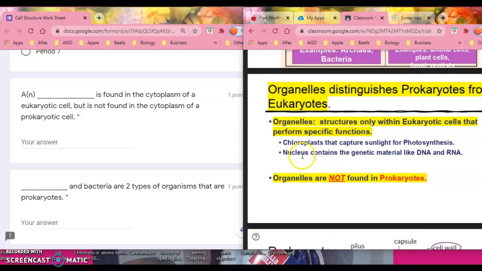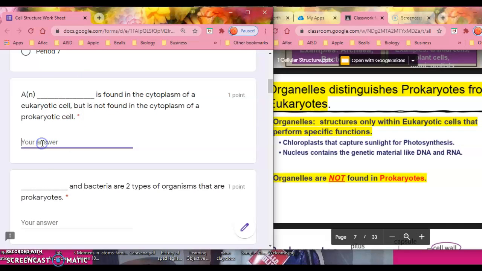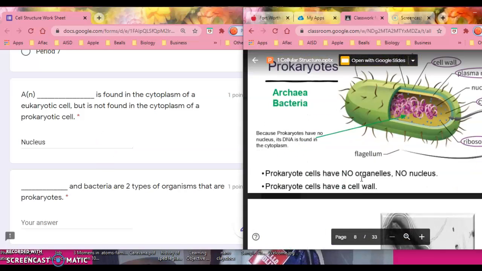Well, here we go. The nucleus contains genetic material. Okay, this is very specific or unique to eukaryotes. And also we can find it elsewhere in here.